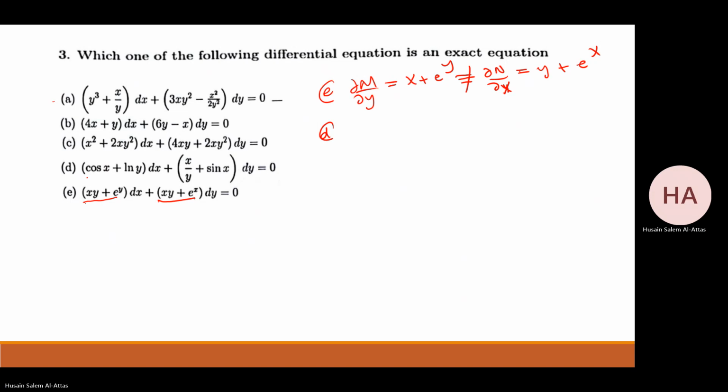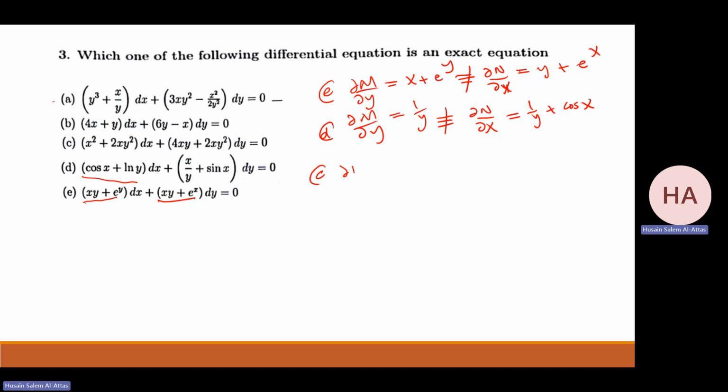D, do this, partial m with partial y. Okay, they are arranged. That will be 1 over y. But partial n with partial x will be what? Yes, 1 over y plus cosine x. So they are not the same. C, partial m with partial y, I'm doing it in detail.